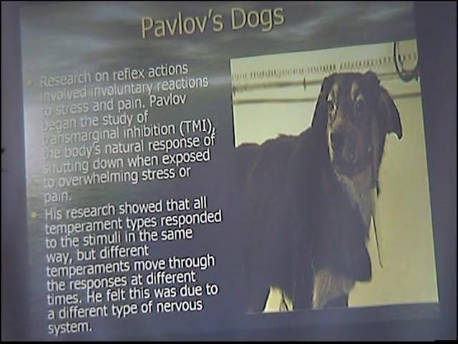He started work which linked in with what Freud and his researchers were looking at, more in humans. But he looked at the effects of stress and pain in what was called transmarginal inhibition, TMI, and how the body, if it gets overwhelming stress or pain, starts to shut down different aspects, partly as a defensive mechanism and so on.